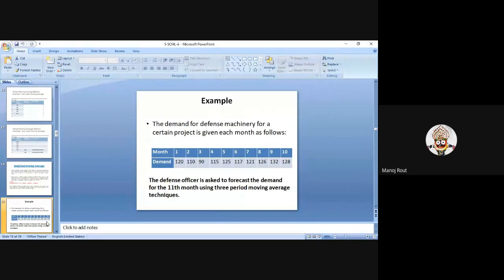The defense officer asked to forecast the demand for the 11th month using the 3 period weighted moving average technique. Here the weights are given: W1 equals 0.5, W2 equals 0.3, and W3 equals 0.2. The sum of all weights equals 1.